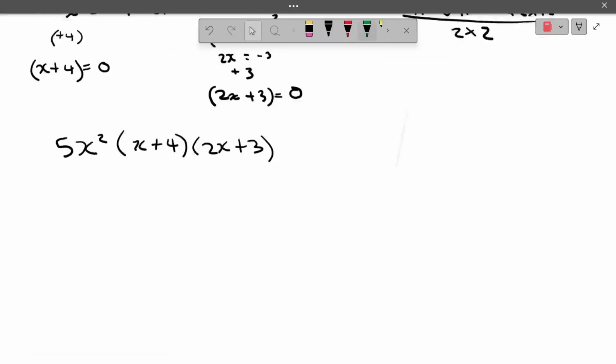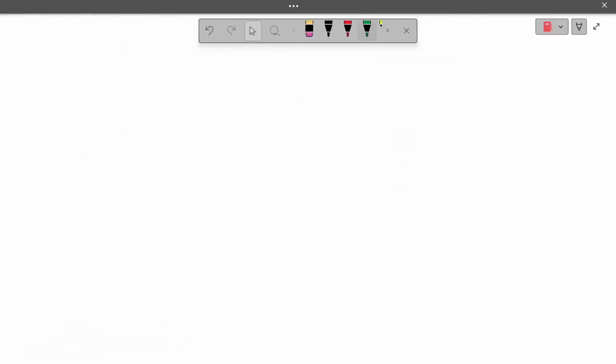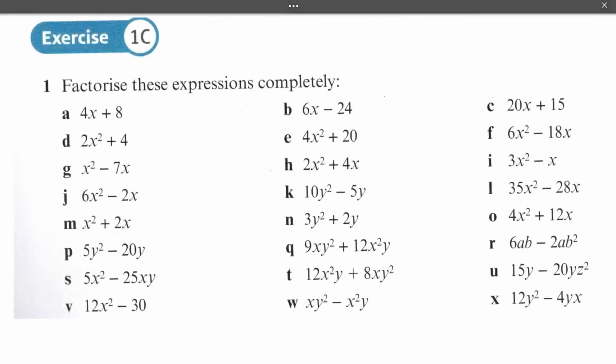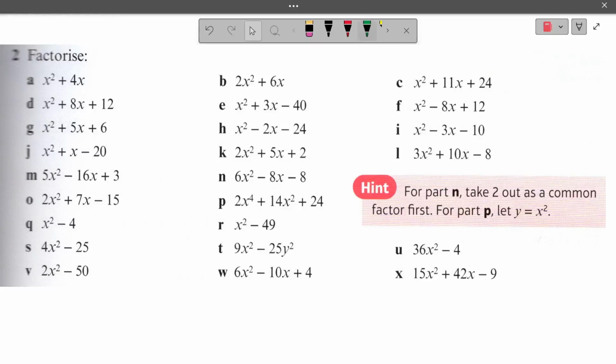Now, I'm going to put the questions on the page. I want you to have a go. Question 1 is the first thing with just single brackets. Question 2 is single x squared, pretty much, other than towards the end.